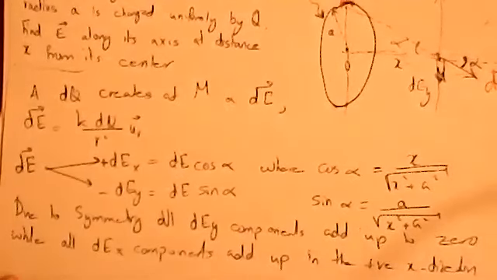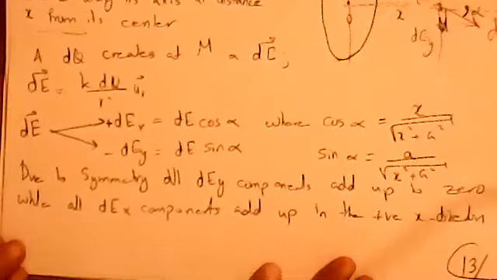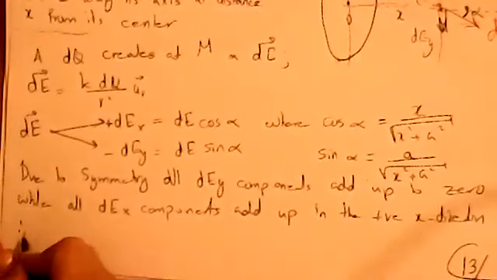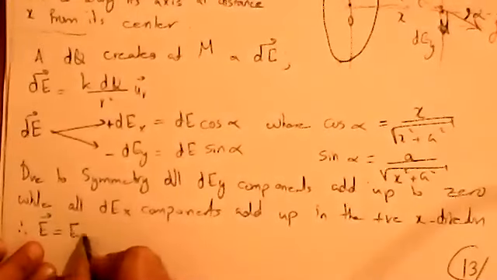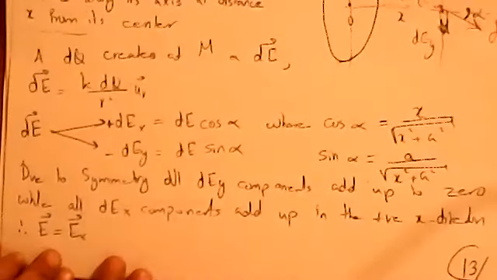Therefore, the total E will now be just an E_x vector.